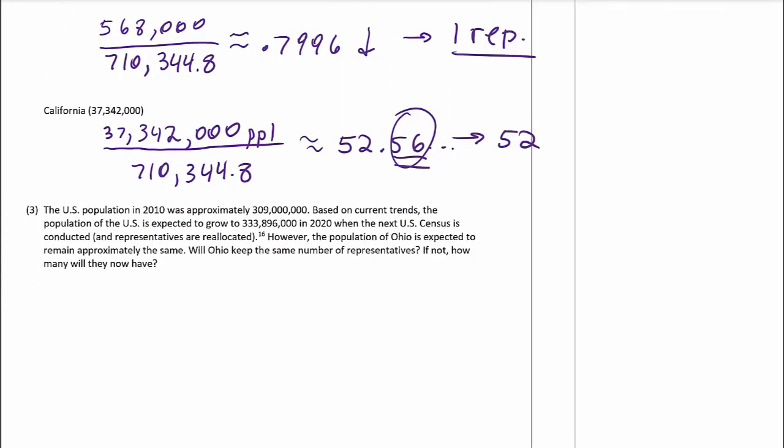Now, let's expand this a little bit. This is kind of interesting because this lesson is quite outdated with the numbers. It says that in 2020, the population of the United States is expected to grow to 333,196,000.